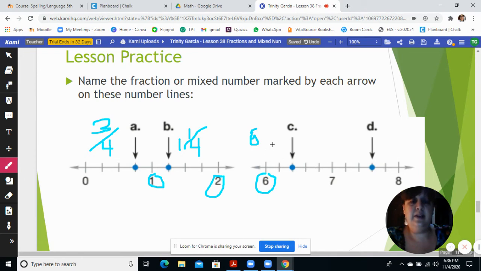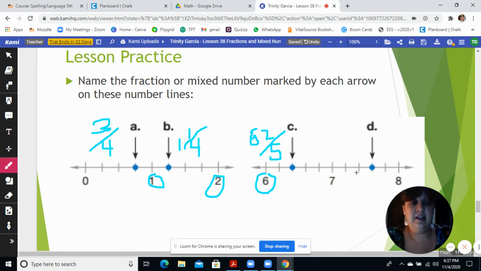Okay, so now we know we need a 5 on the bottom, not 4. Because on this number line, they're separated by 5 spaces. And then we need to figure out how many spaces till our blue dot. And we can see there are 2 spaces. So we have 6 and 2/5 is our mixed number.